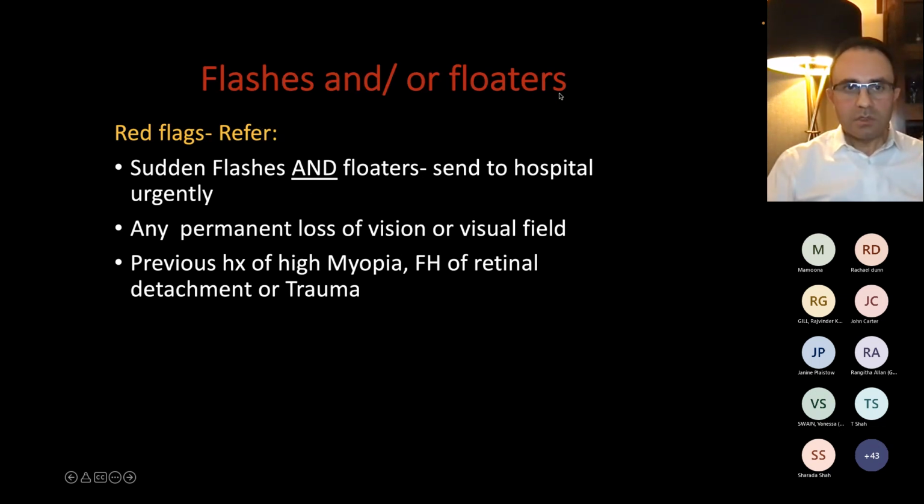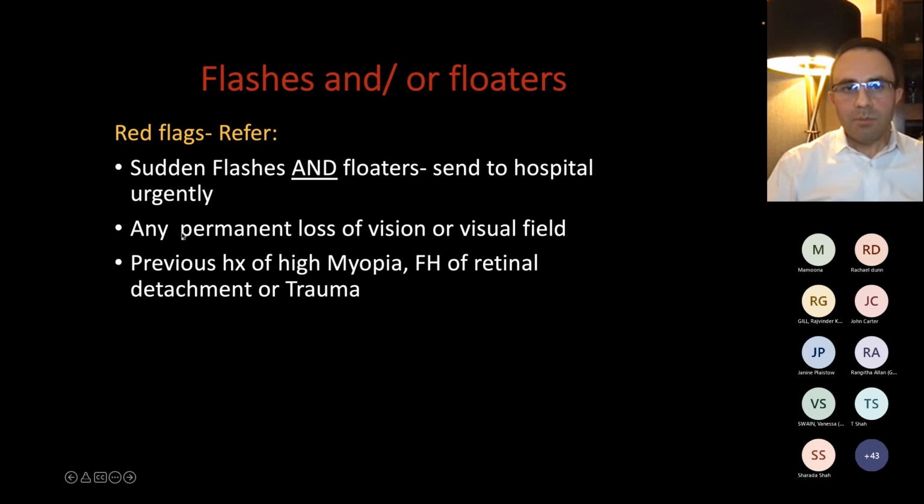Flashes or floaters. Red flags: refer directly without even asking if you have sudden onset of flashes and floaters together. Whenever these two are combined, it means that the vitreous has detached from the retina and is causing traction, so they need to be seen in the eye casualty.